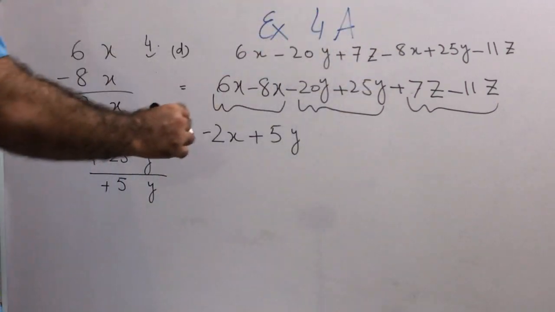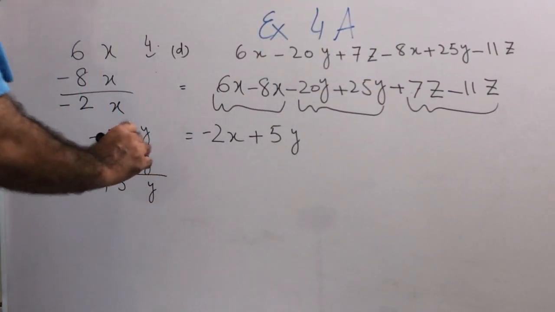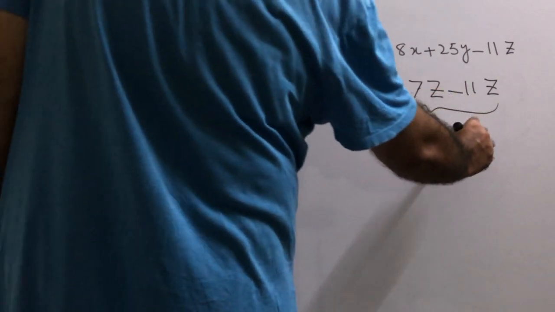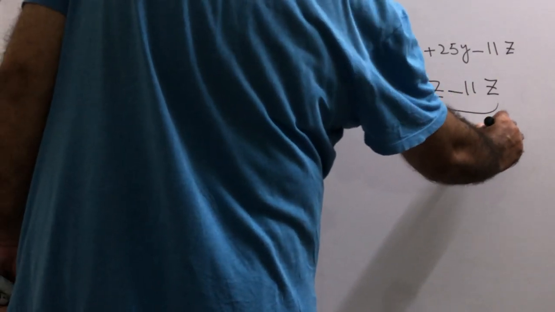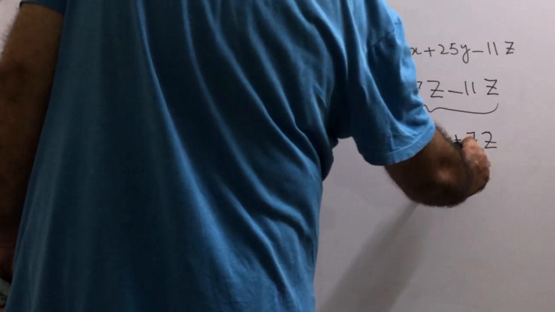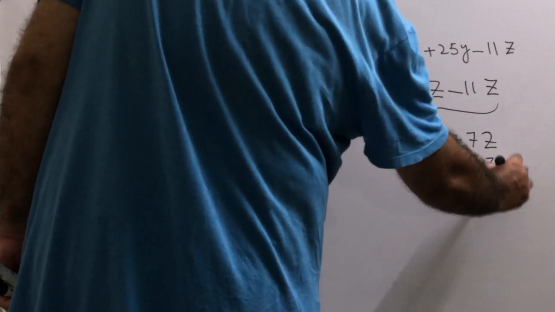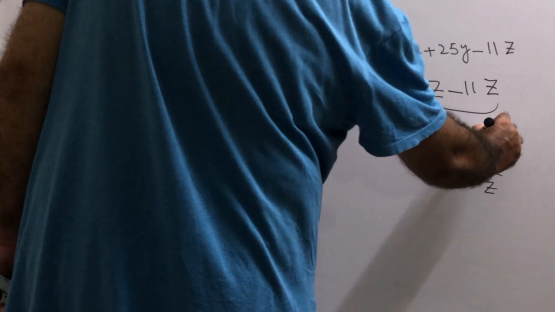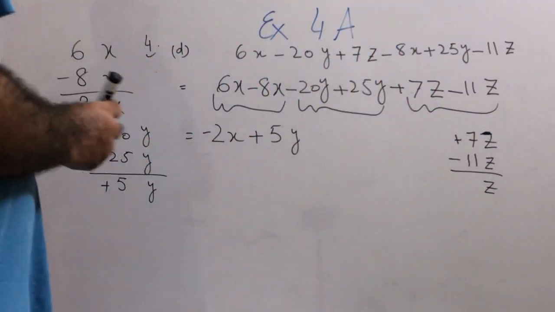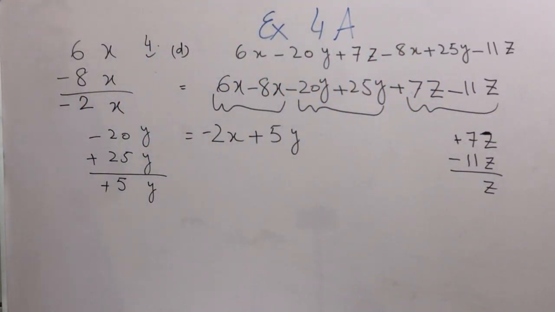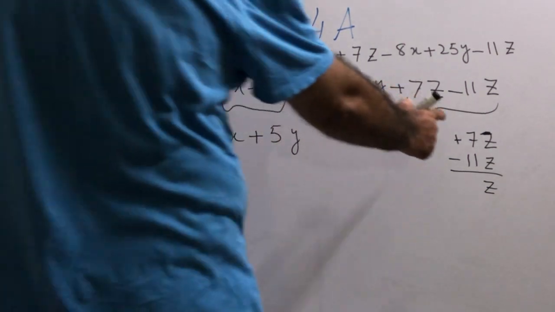Then we have plus 7z minus 11z. Similarly, z will come one time. We have $7 in our pocket and we have a loan of $11. From our pocket, we will pay the loan. Our loan will come down by $7. Now it will remain $4. We have paid $7 from our pocket.